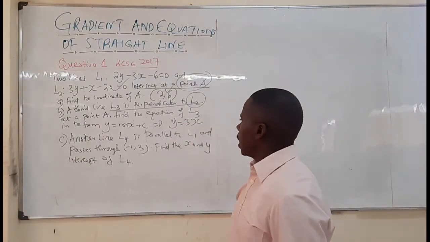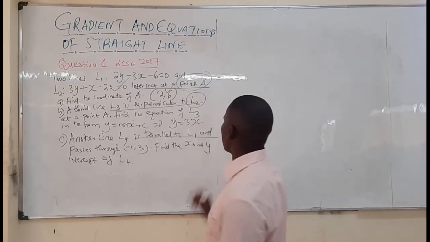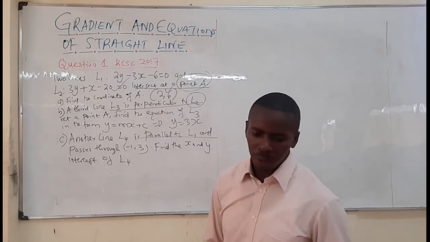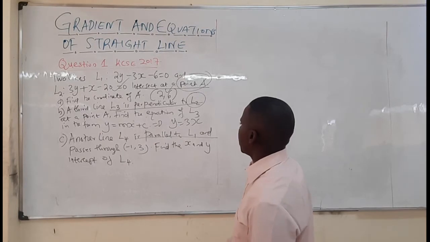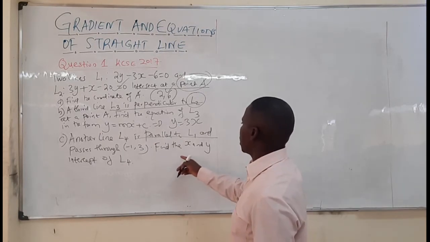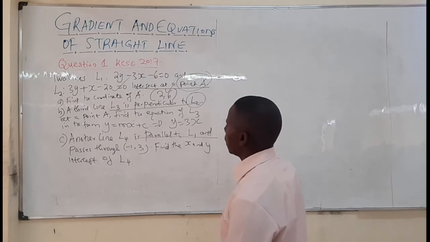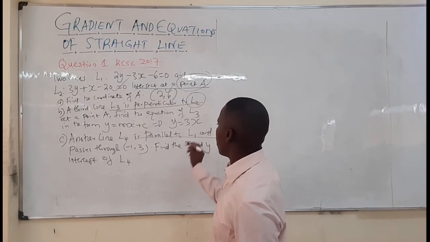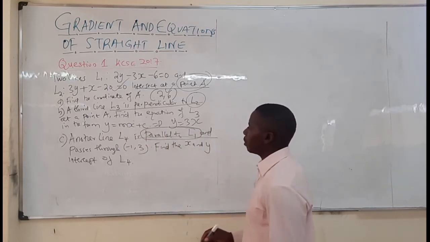Now part C, we've got line 4 is parallel to line 1 and passes through the point (minus 1, 3). We need to get the values of the x and y intercepts. The first thing here is to ask ourselves, what do we know about parallels? We said that parallels have the same gradient.